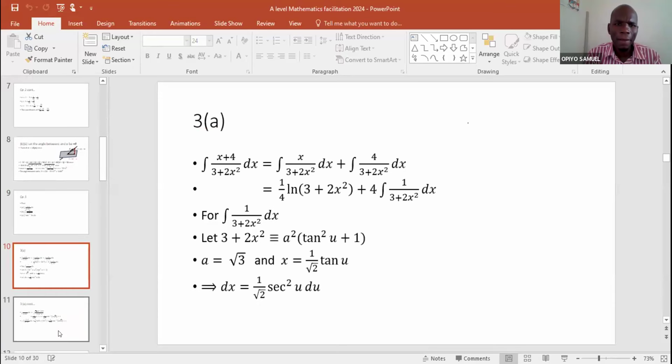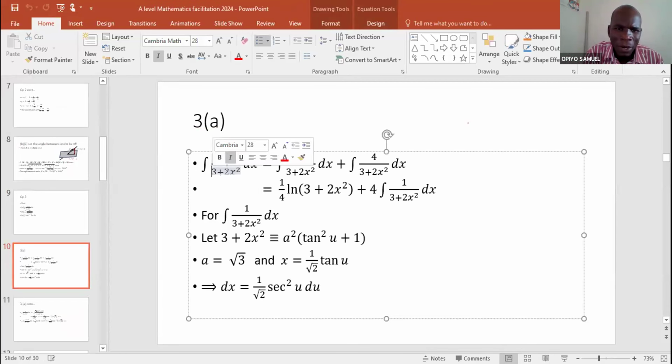In part A, you should realize that we have very many techniques in integration. One of them is a function and its derivative. Here, you look at whether you have a function and its derivative. For example, if we take the denominator as the function and differentiate, we get 4x, but the upper one is x plus 4.